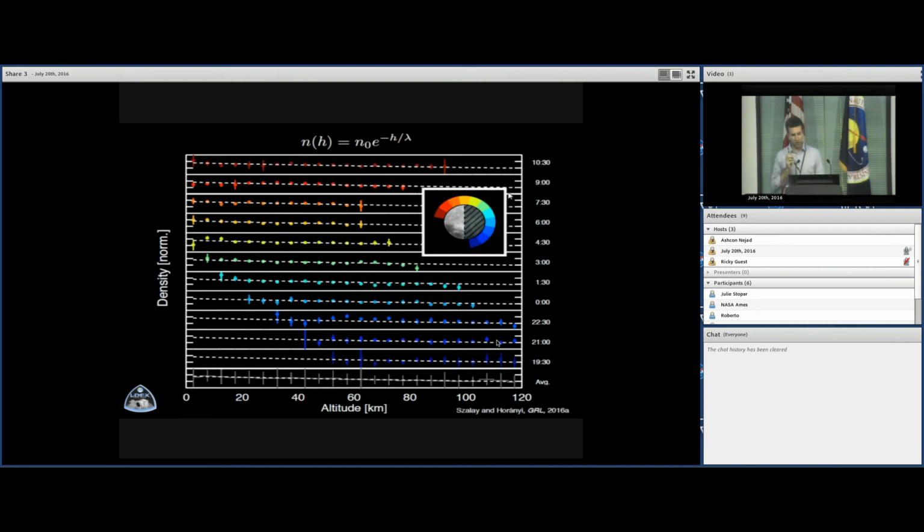So if we pull that apart, and I only show an altitude distribution for each local time, in this shock top logo looking diagram, you can see the color corresponds to the local time, and here's the altitude profile for each local time. And to within very good accuracy, it actually fits an exponential distribution.